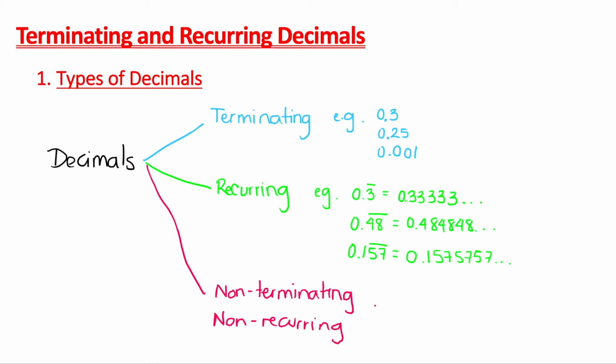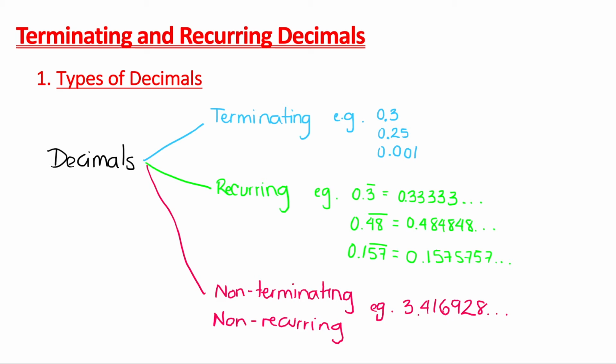I'm just going to write an example. These are decimals that never end, but they don't have a recurring pattern. It doesn't repeat certain digits a number of times. So an example will be 3.4, and it goes forever and ever and ever. So the digits are always changing. They are not repeating, they are not following a pattern.